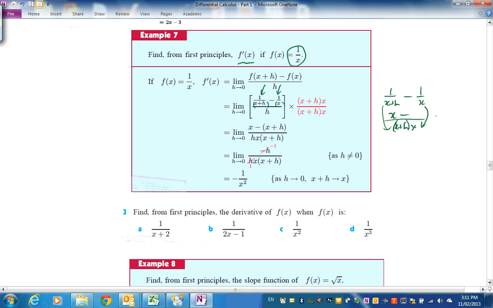This is multiplied by x plus h, so multiply the top line by x plus h. And then this, of course, is all divided by h, so it goes down there with it, divided by h multiplied by 1 on h.